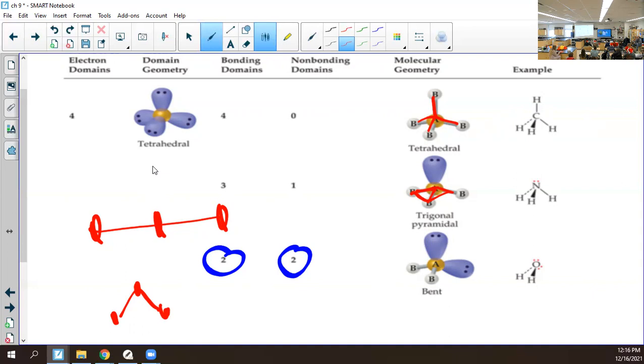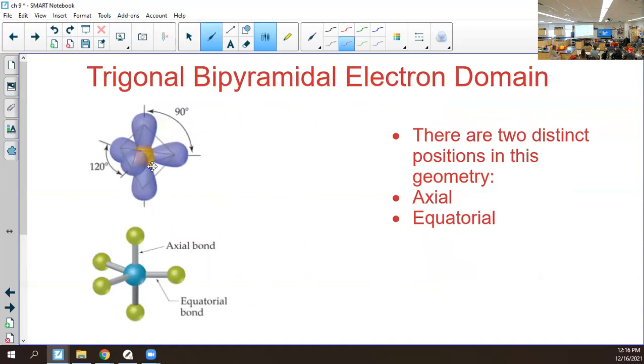All right, now when we get to 5, there's some crazy names, and 6 as well. But we'll be okay. Now, we talked a little bit about this yesterday. When we get to trigonal bipyramidal electron domains, there are 2 distinct positions in this geometry: axial and equatorial. That sound familiar?